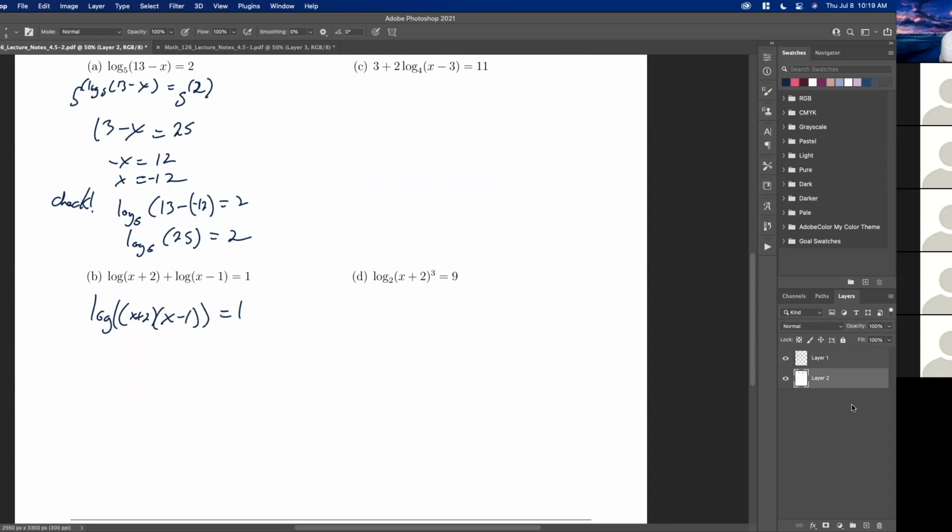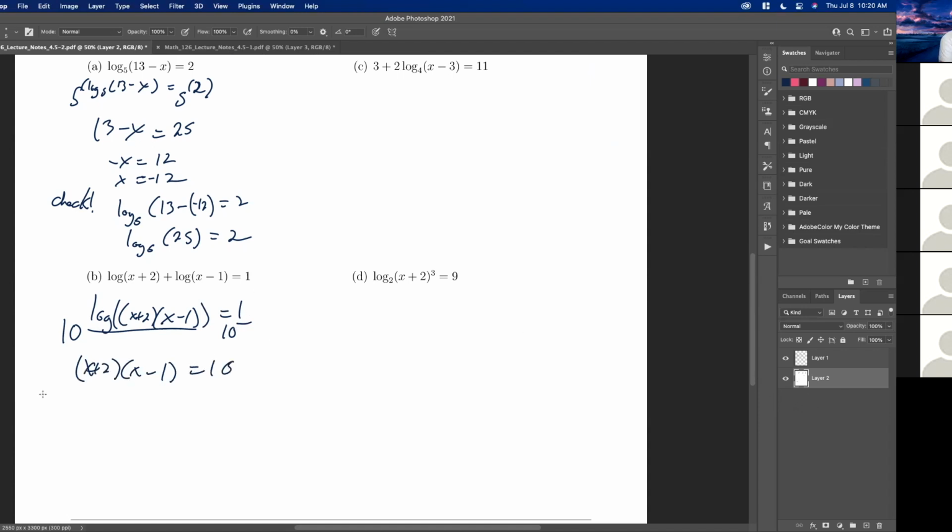Now, I could write out another step and clearly show this, but what I often do, just as shorthand, is write 10 and 10, which means 10 raised to all of this, and 10 raised to all of this. That's how I write it so I don't have to write an extra line. 10 to the log base 10 of all of this is just x plus 2 times x minus 1, and 10 raised to the first power is just 10.